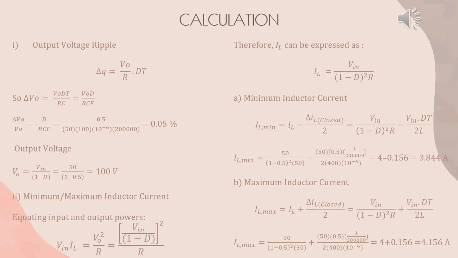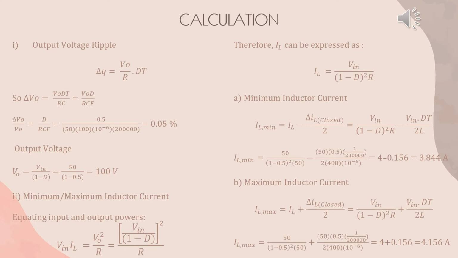Moreover, we need to calculate the minimum and maximum inductor current. In this slide, I have derived the formula, and for minimum inductor current, the final formula is IL min equal to Vin over (1 minus D) squared times R, minus Vin times DT over 2L.